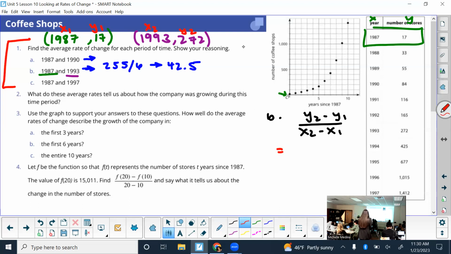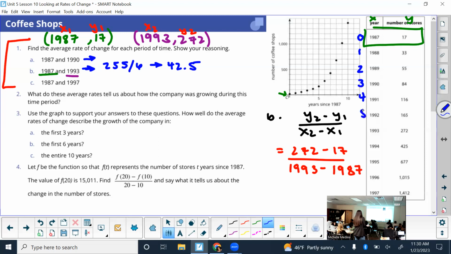When it's plugged in, the way I labeled it, it would be 272 minus 17 over 1993 minus 1987. Granted, you could have also put, like how this graph has it as years since 1987, 6 minus 0 on the bottom for years since 1987, and you would still get 6 on the bottom regardless.